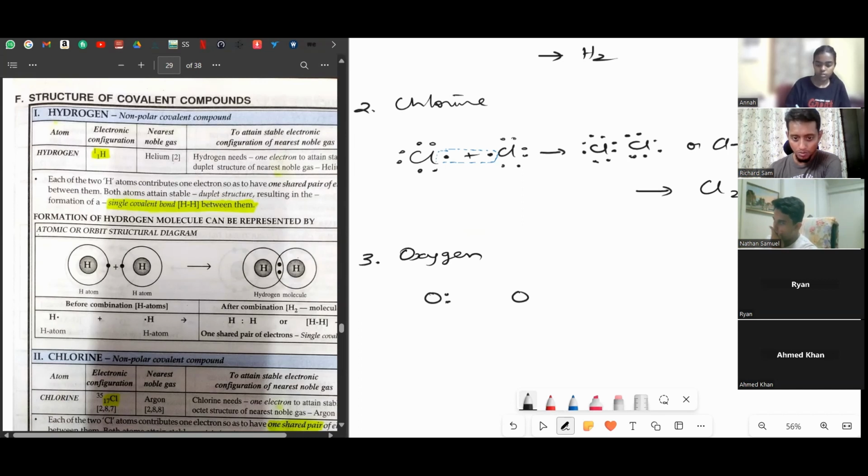So that's 1, 2, 3, 4, 5, 6. Here also we'll draw it the same way. 1, 2, 3, 4, 5, 6. Then a plus in the middle. Now the electrons that are going to take part in the sharing, draw dotted lines around them. That's one. This is the other.